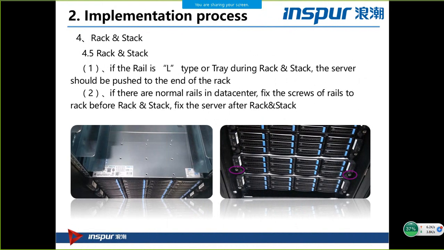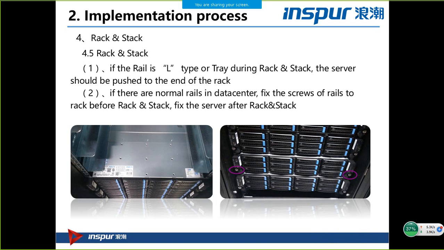And here, usually there are 2 kinds of rails. On the left of the picture, we usually don't use the L type rail overseas. Usually we use the mount type rails, and usually the rails are divided into two kinds.